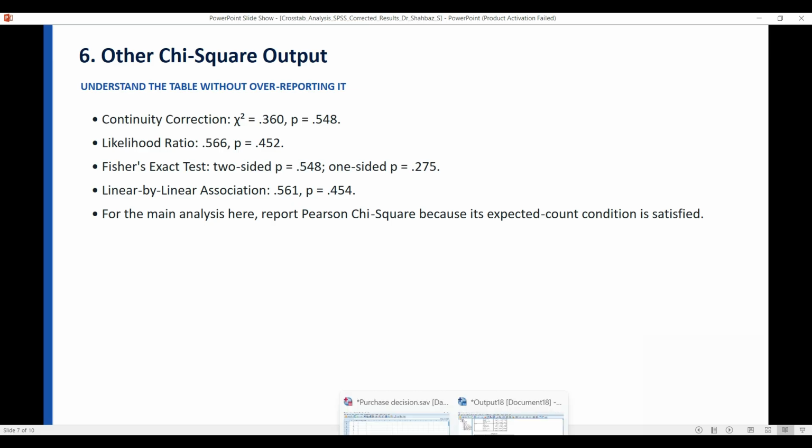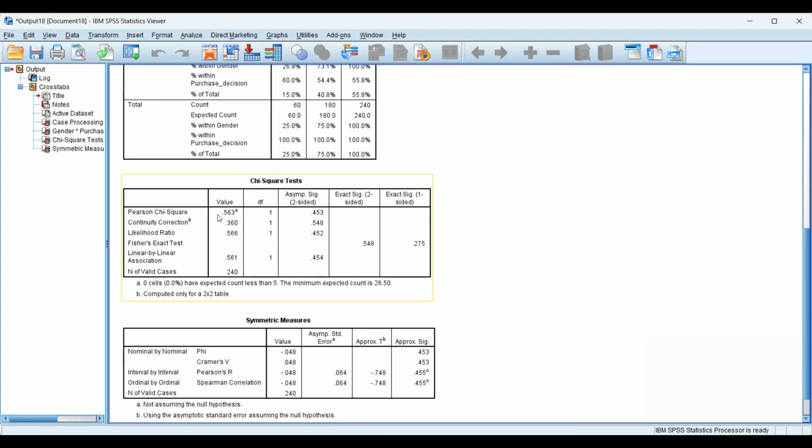If we go to the SPSS results, you can find the p values here. Pearson Chi-Square not significant. Continuity correction not significant. Likelihood ratio not significant. Fisher's exact test is here, and the p value is not significant. Linear by linear association value is 0.561, which is also not significant. In this way we can infer that there is no association between gender and purchase.